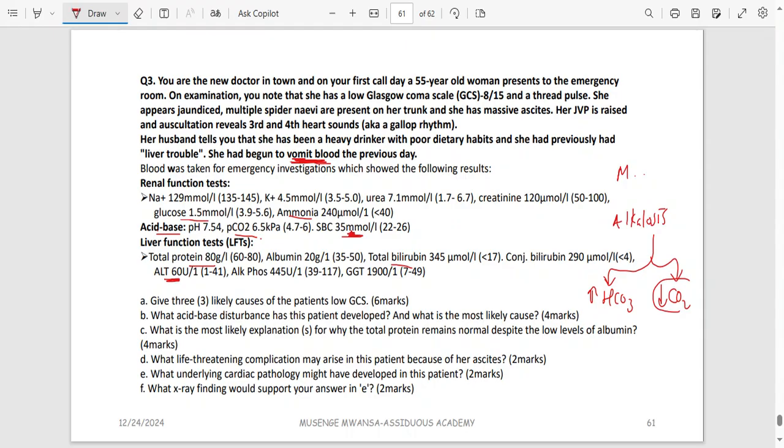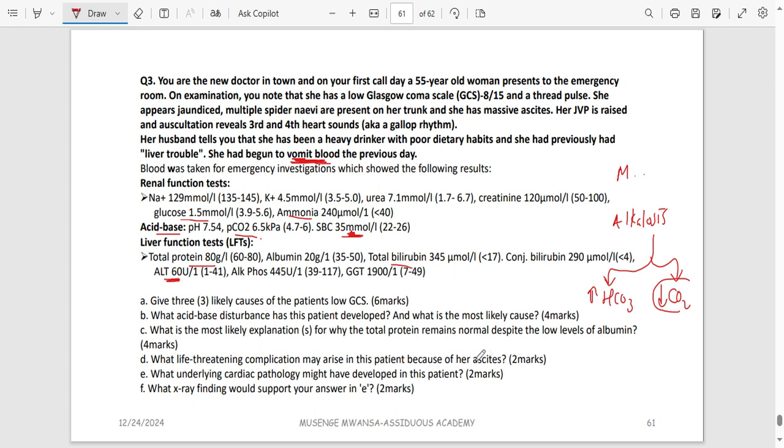In chronic liver disease, the liver's ability to produce albumin is impaired, that's why it's low. But the immune system is going to take the lead by producing globulins, and those globulins are the ones that are going to maintain the normal protein level, because the total protein is a combination of all these.